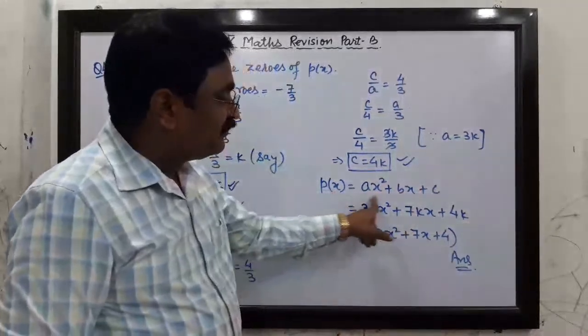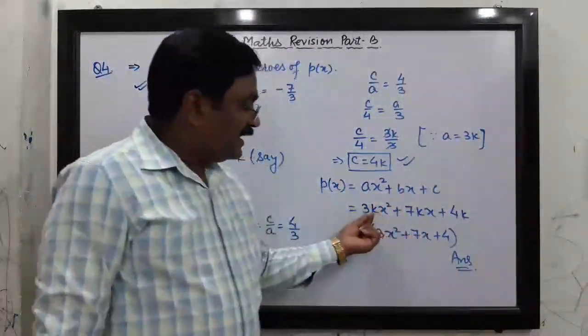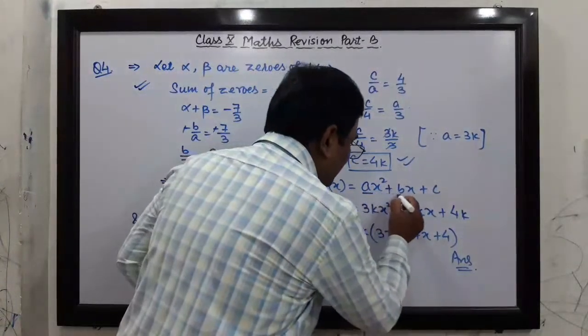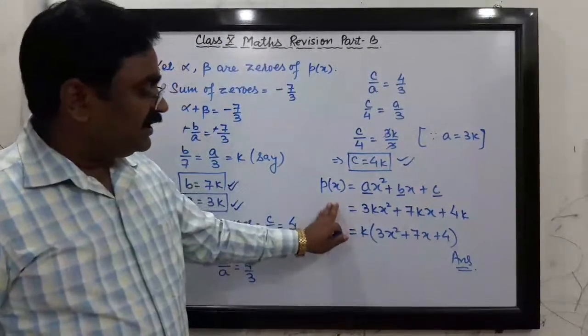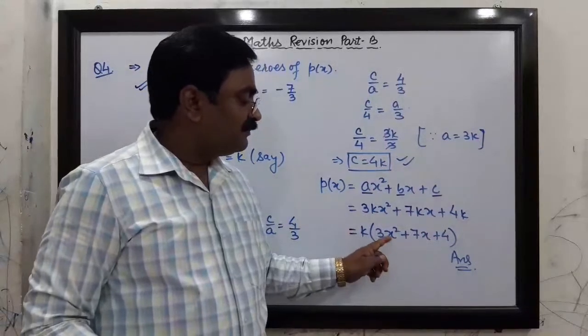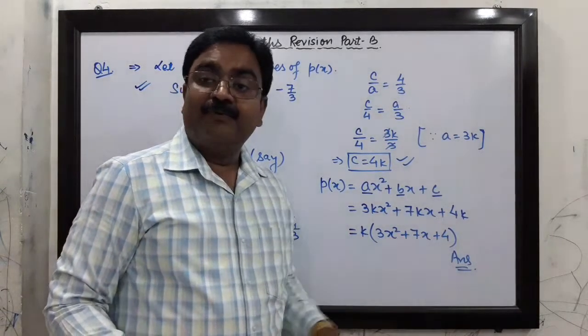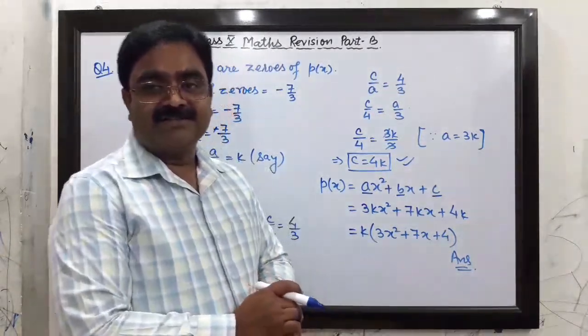The standard form of quadratic polynomial is ax square plus bx plus c. Substitute the values of a, b and c over here. A is 3k, b is 7k and c is 4k. We got the quadratic polynomial k into 3x square plus 7x plus 4, where k is the constant. Right? Any arbitrary constant you can write.